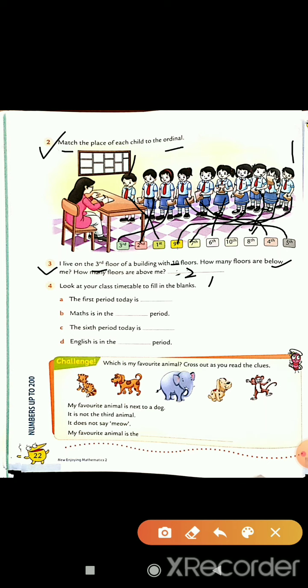So more than 3: 4th, 5th, 6th, 7th, 8th, 9th and 10th. Total 7 floors will be above the 3rd floor. So how many floors above me? 7 floors.